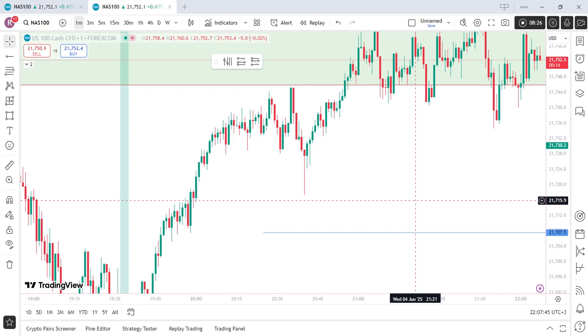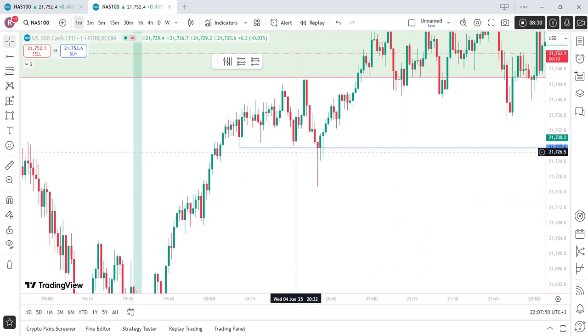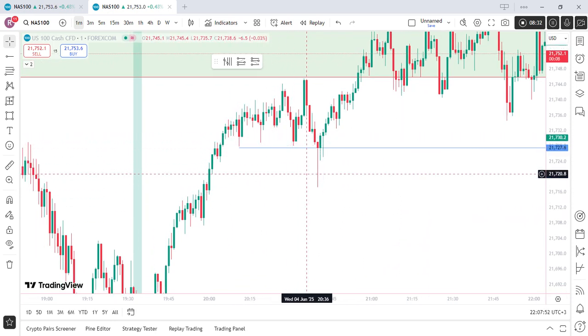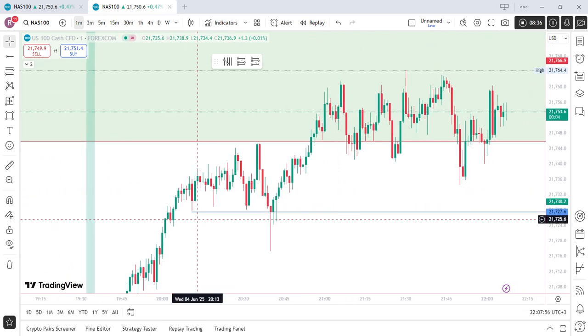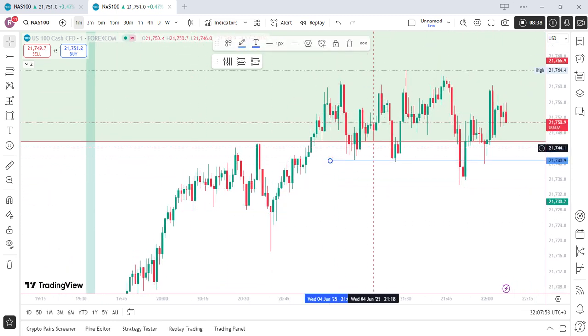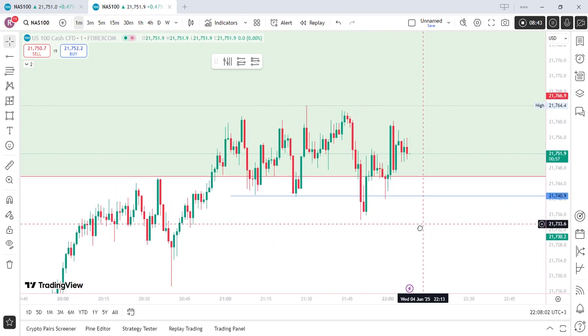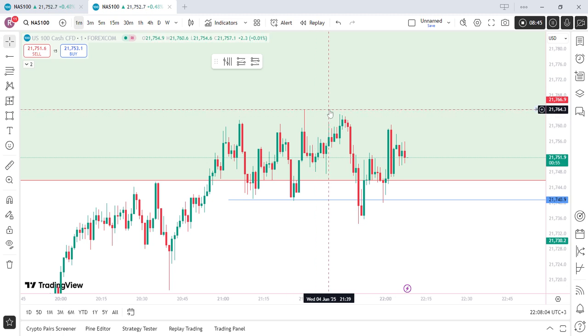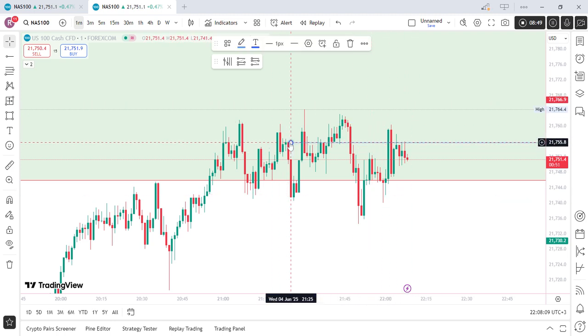Another relative equal lows is here, and this one was purged. You see how price came, tapped it and rejected, going back up. Even here we have these relative equal lows. You see price came in, tapped them out, took liquidity there, and now it is going towards this relative equal highs up here. That is where price is currently headed.